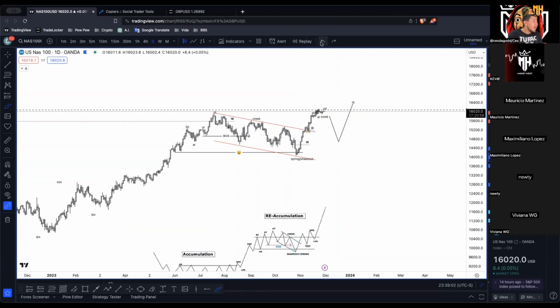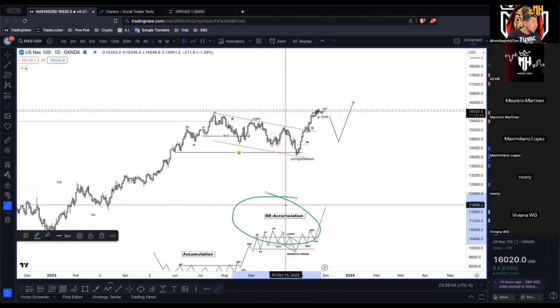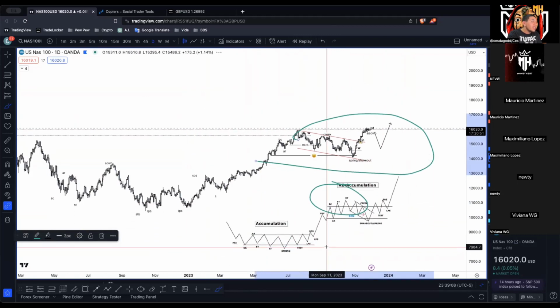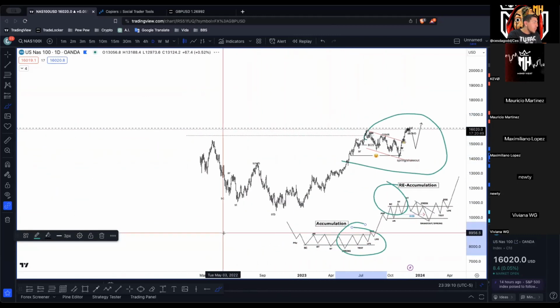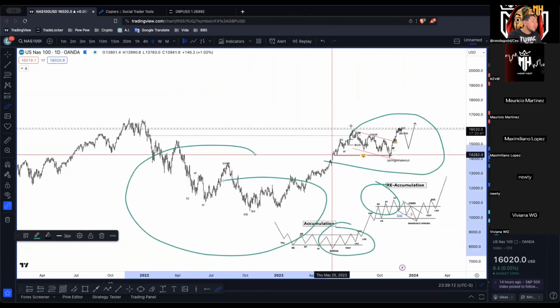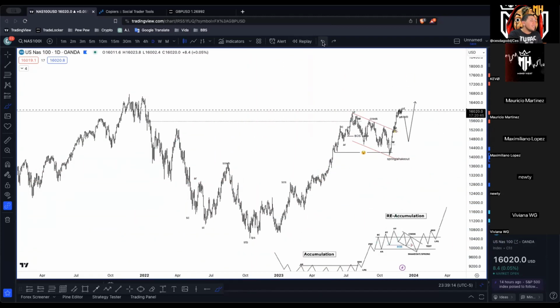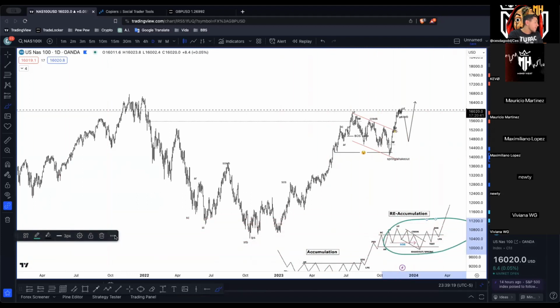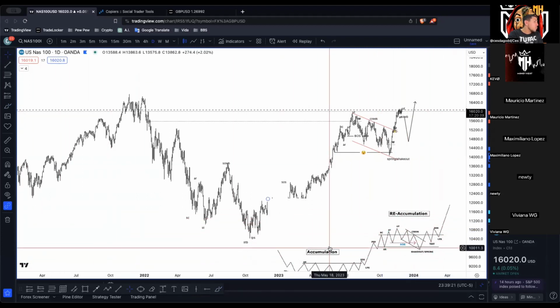So it's kind of crazy how this literal schematic, the reaccumulation, is not only playing out in this area, but is literally playing out after a previous accumulation schematic from down here. Feel me? So there's just way too much evidence as to this play happening, to my personal belief.